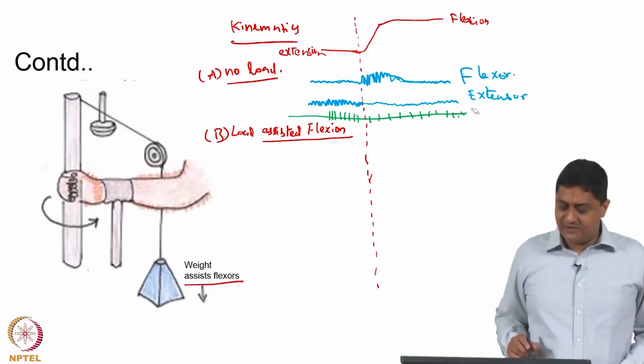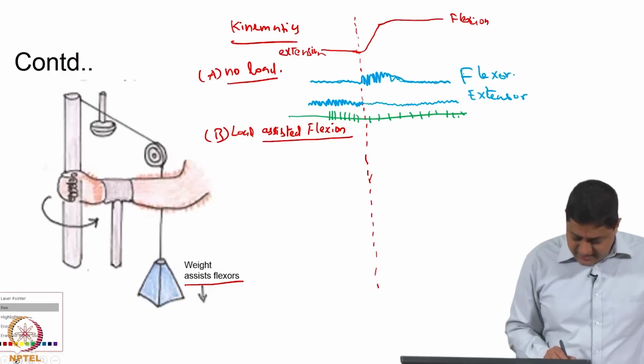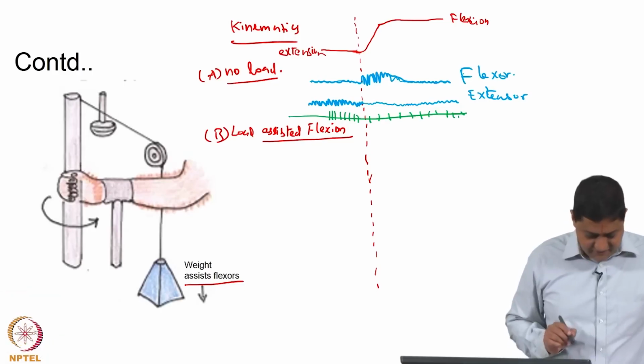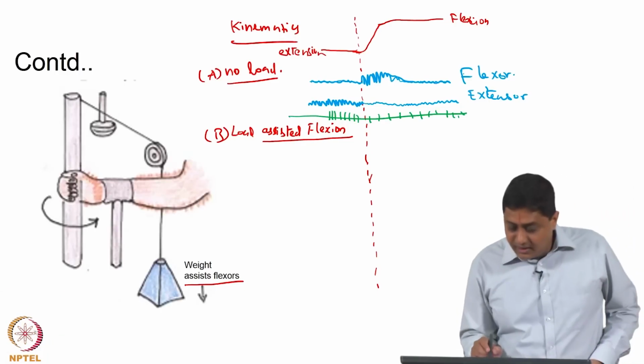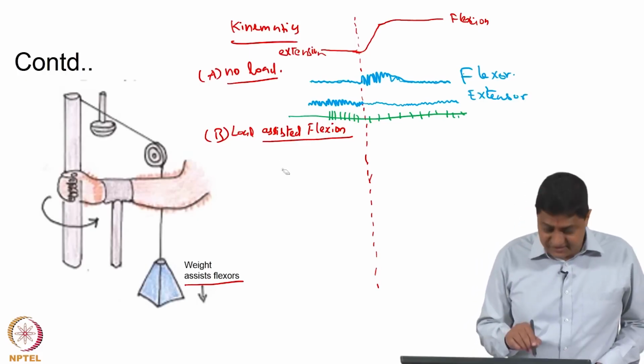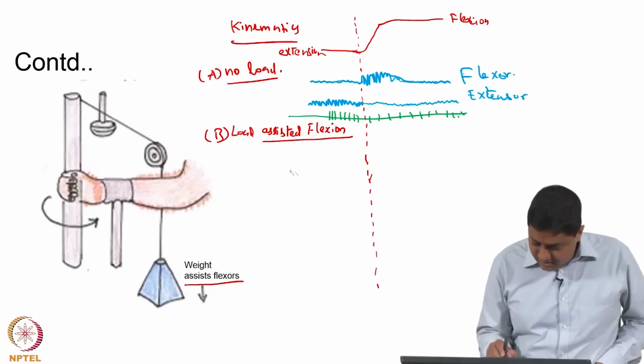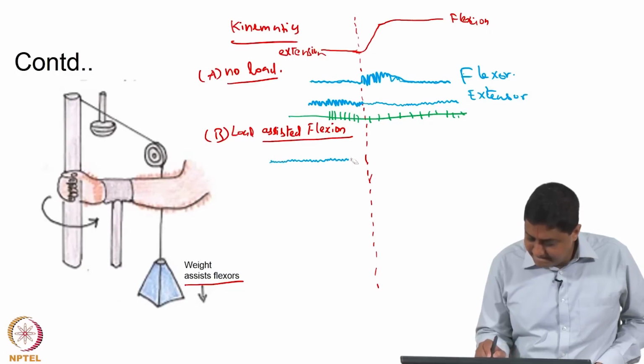So what happens during the load, when the load assists flexion, what is the EMG activity? In this case, note the load assists flexors, is it not? In this case the flexor activity is nearly baseline sometime before the movement onset and continues to be nearly baseline.